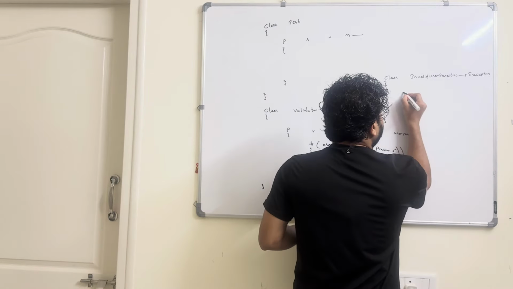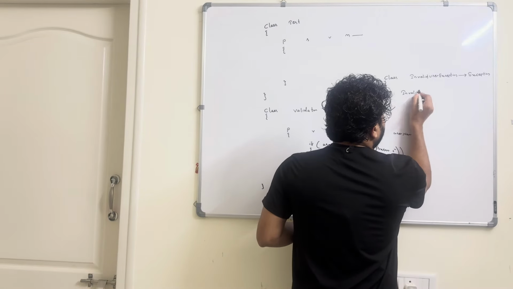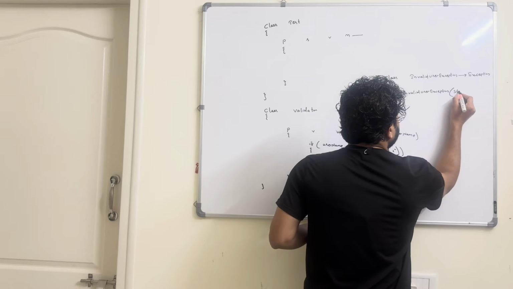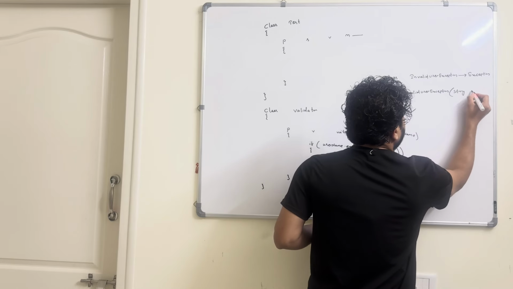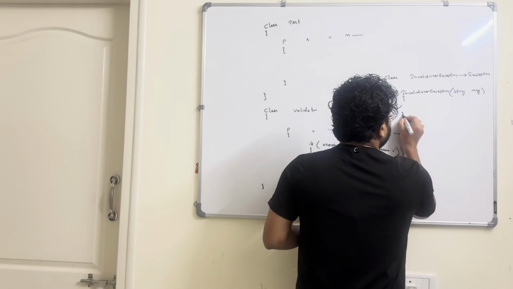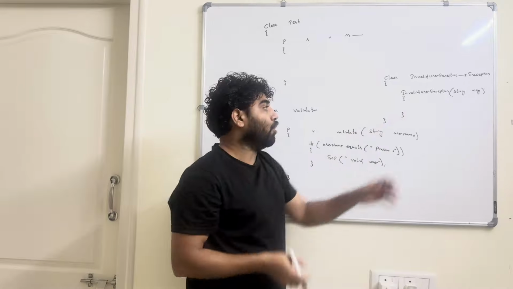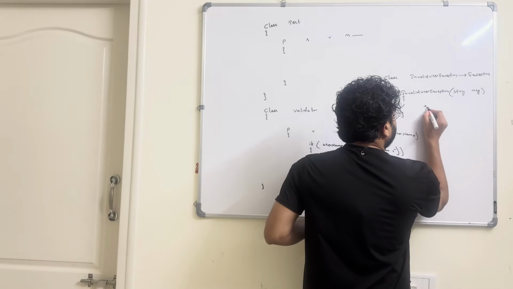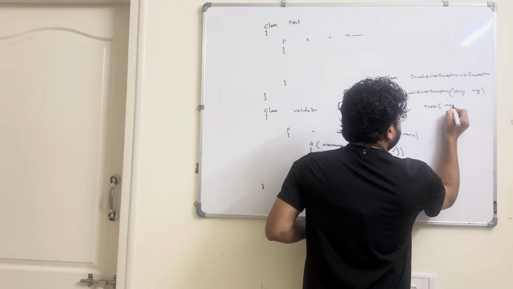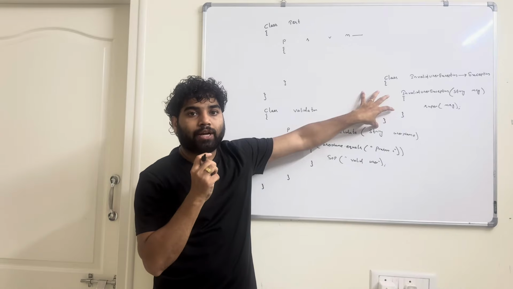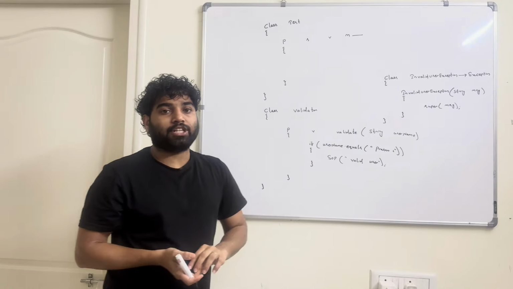Now we need to define a constructor, InvalidUserException, where we pass a String error message. As part of this constructor, we need to call the superclass constructor with the message. This is how we create our own custom exception.